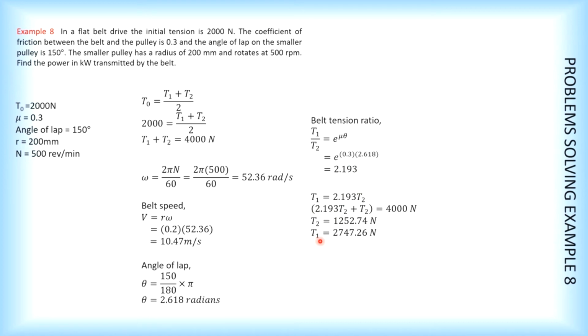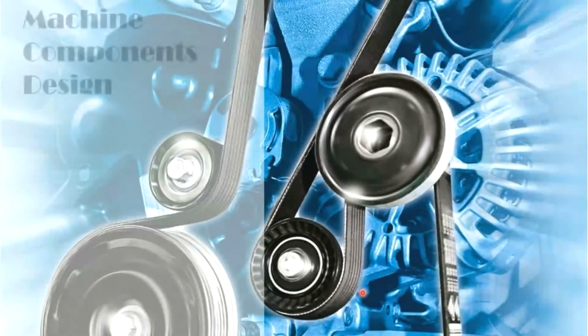From here, you will be able to find T1 and T2. That means you are using both of these equations to find the unknowns T1 and T2. Then you can directly find the power transmission. Okay, thank you. That's for example 8. We will move on to example 9.